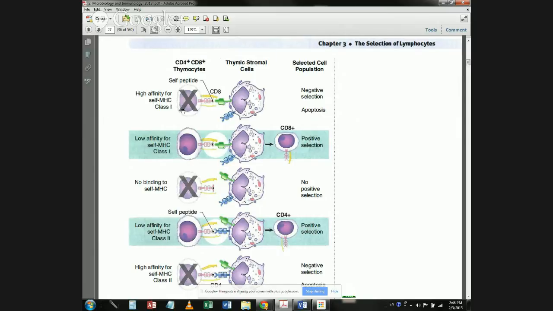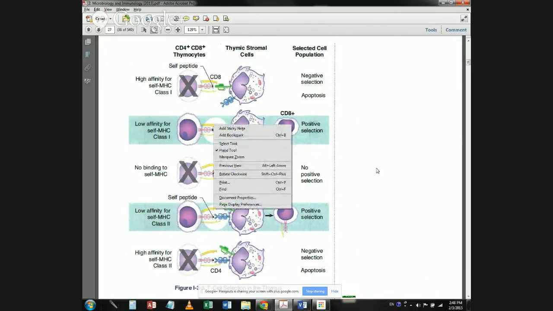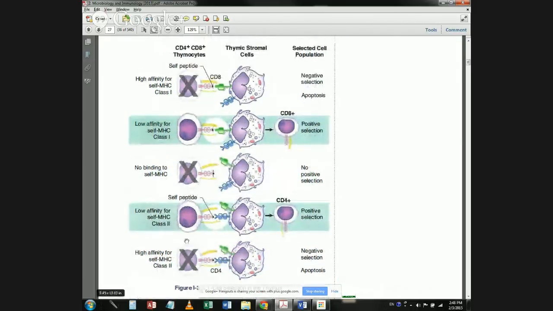Okay, so high affinity for self-MHC class 1. What is going on here? A new thymocyte comes into the thymus and meets a macrophage, and the TCR ends up binding to this MHC molecule.